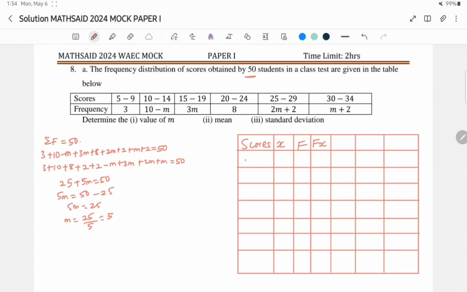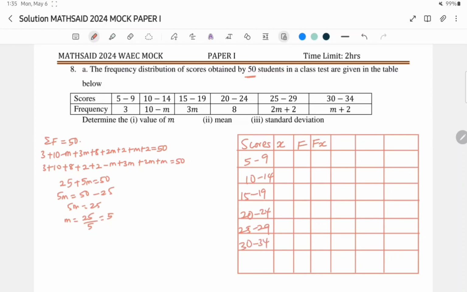Now, 5 to 9, 10 to 14, 15 to 19, 20 to 24, 25 to 29, and 30 to 34.